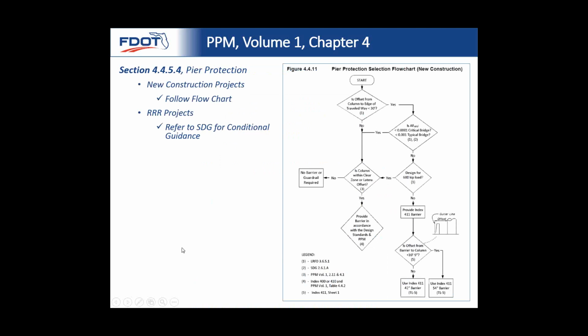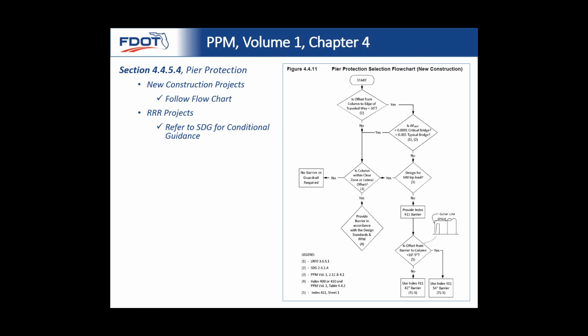Right. Okay. So moving on through some of the PPM changes, one of the questions we got asked a lot here at Central Office was when to provide pier protection. As you can see on this figure on the right, which was actually developed by our structures office some years ago, but it never actually made it into any of our publication manuals.